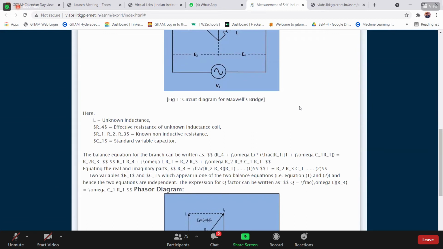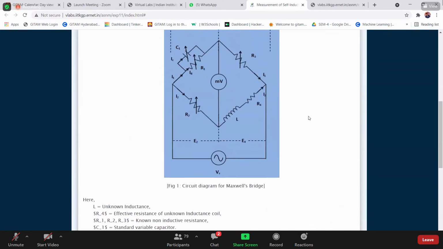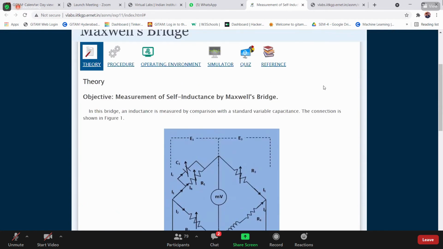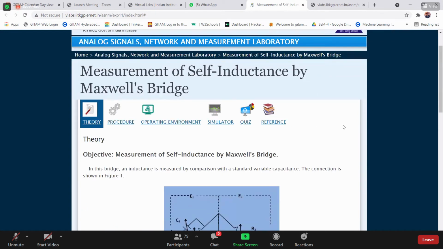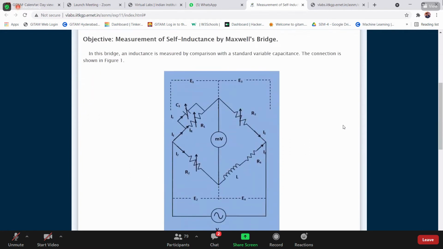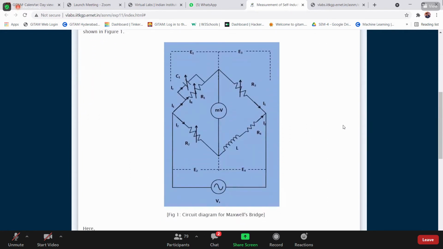We measure the inductance, by using variable resistors and capacitors. Okay. What is the name of the bridge? Maxwell's bridge. How many arms do you have? 4 arms.